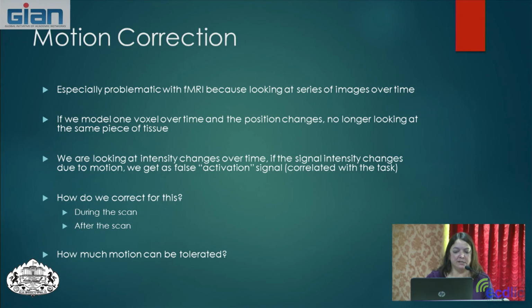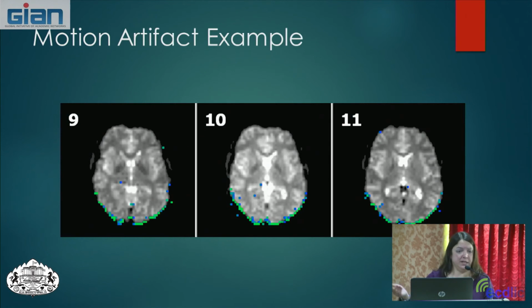But the question is how much motion can actually be tolerated. You can correct for motion to a certain extent, but if the person moves too much, then even taking the data and trying to resample it back into the space that it was initially in can not be effective in getting rid of these motion artifacts. And this is something that might be seen in a motion artifact case.